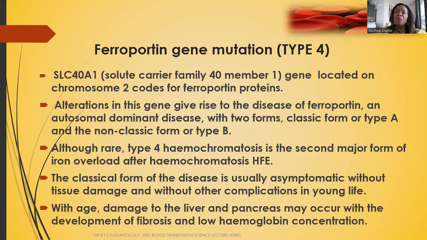The solute carrier family 40 member 1 gene, located on chromosome 2, codes for the ferroportin protein. When we were treating iron metabolism and regulation of iron absorption, we said that ferroportin is a special channel through which iron is allowed to enter into the circulation at the duodenal enterocyte.